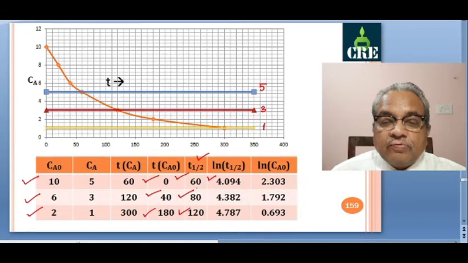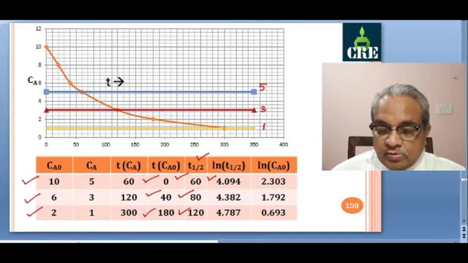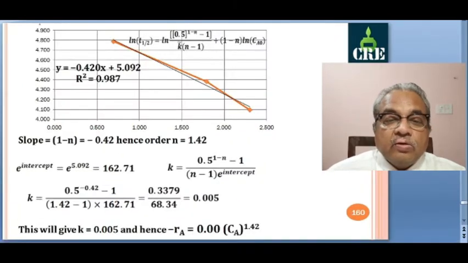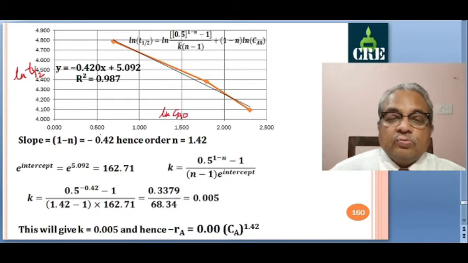So we got t half. We know CA0, so ln of t half and ln of CA0 are computed here, and that we plot here. Okay, so on this axis you have ln of CA0, and here ln of t half.